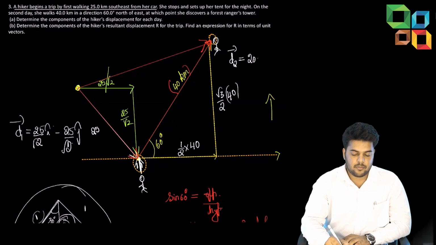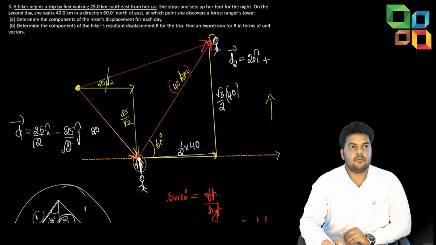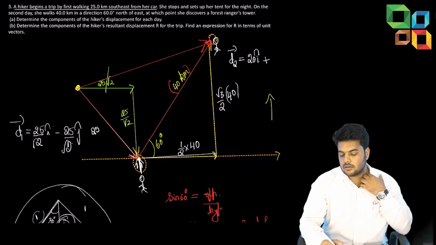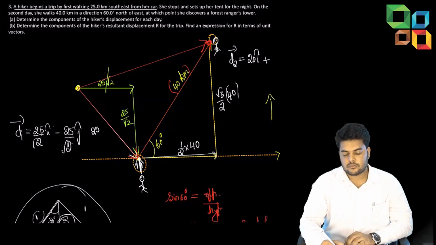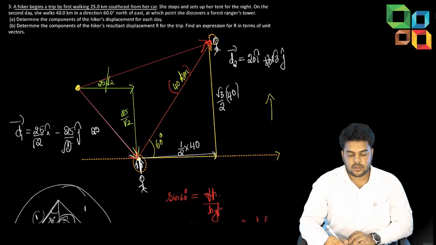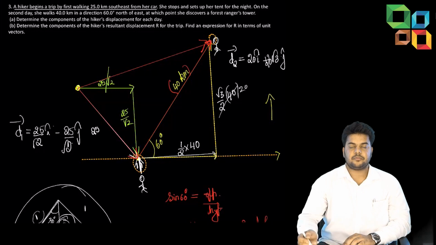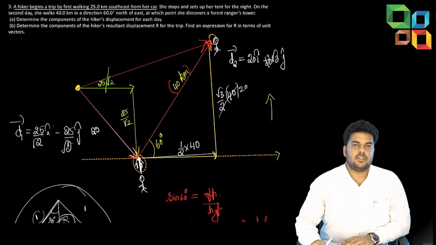That is 20 i cap. You are going 20 steps along the east direction, plus 20 i cap, and plus 20 root 3 j cap. Why 20 root 3? I've just cancelled this off. So 20 root 3 j cap. Is that okay?